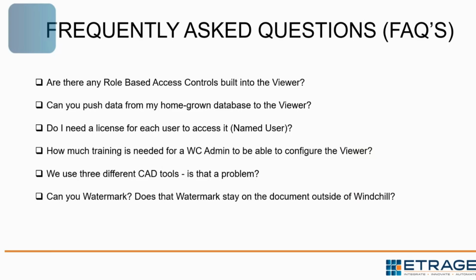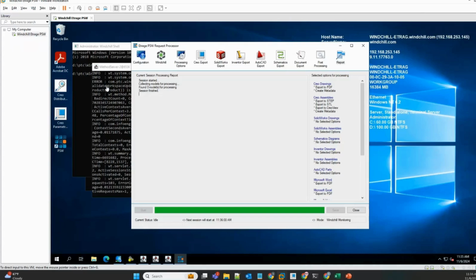Great question. The answer is yes, there are others. I'll show this very quickly here. In this particular environment, we have the publisher, which is what's publishing those files out. As you can see in just this one example, yes, if you have SolidWorks files within your PLM system, AutoCAD, Inventor, schematics.